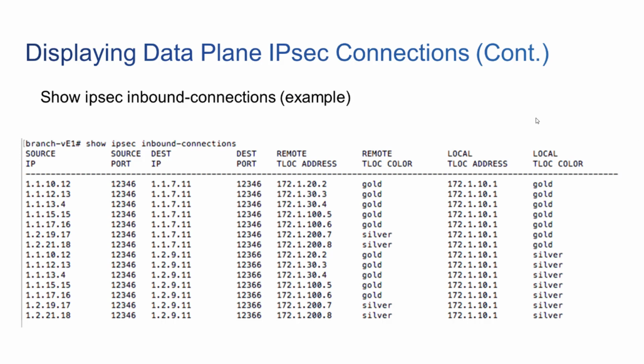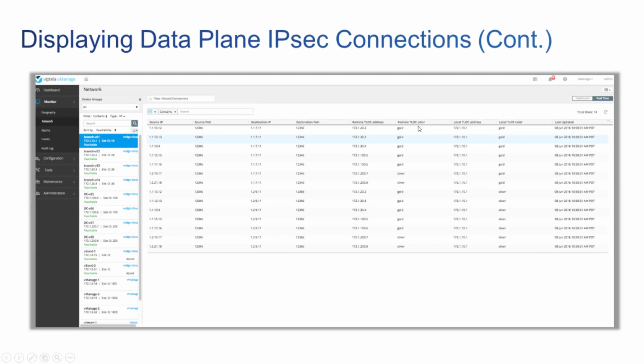All right. If I wanted to see the same thing in vManage, I would log into vManage. From the dashboard, I would navigate to Monitor on that left side of the panel, click on Network. I would choose whichever vEdge device from the list I want to look at, and in the top right corner are two little joined rectangles that show the dashboard and real time.